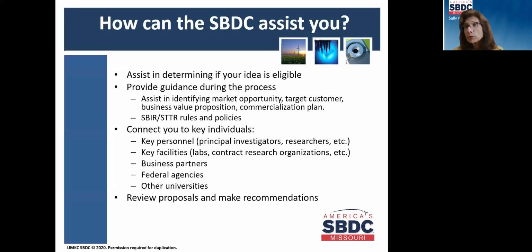Lots of times people are looking for principal investigators or researchers, technical assistants. They need facilities. They need to find a lab space to rent, a CRO, that sort of thing. They need to have connections to universities. So we can help connect you to all those kinds of individuals. And then we can also help review your proposals and make recommendations.